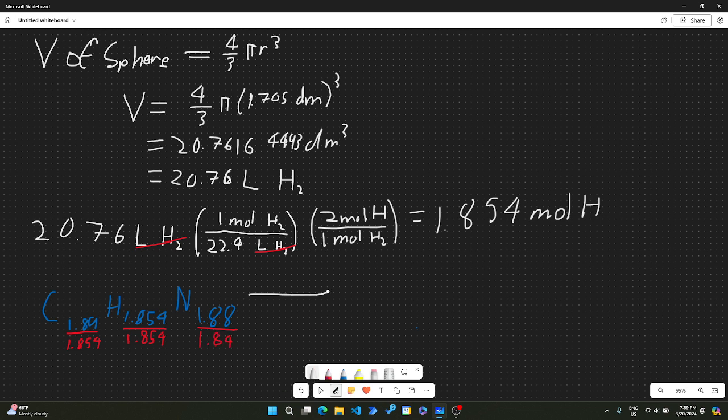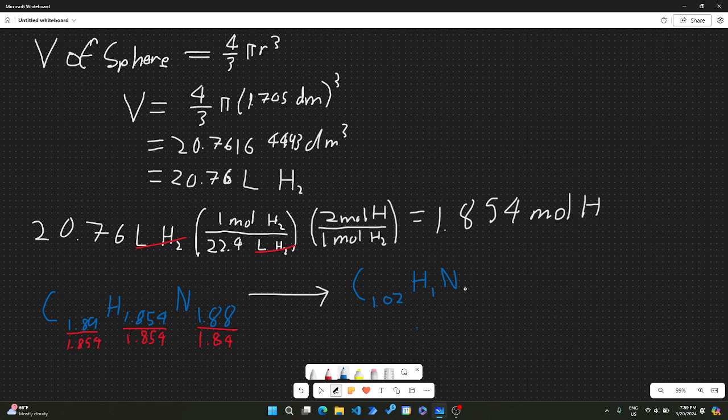So if we do this, carbon is 1.02, hydrogen is just 1, and nitrogen is 1.88 divided by 1.854.